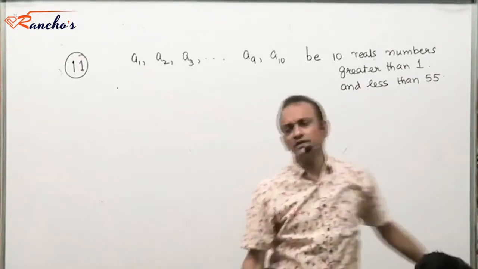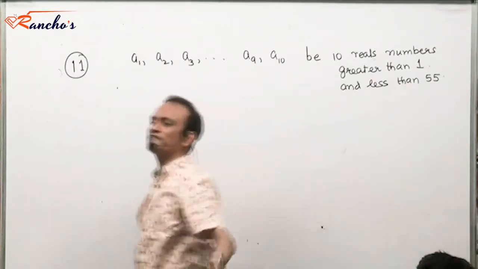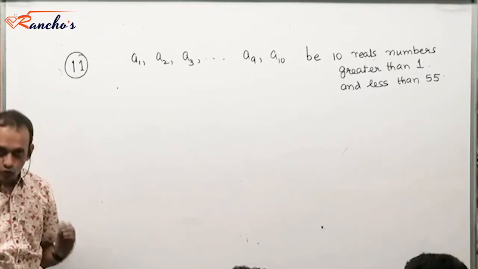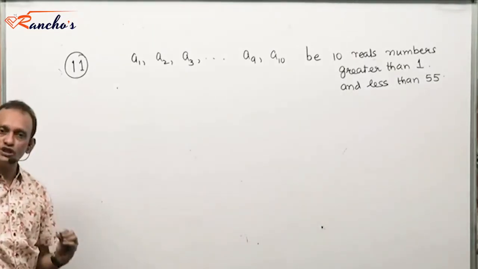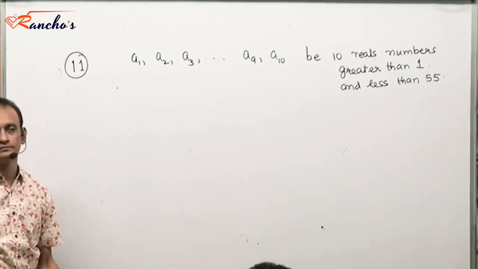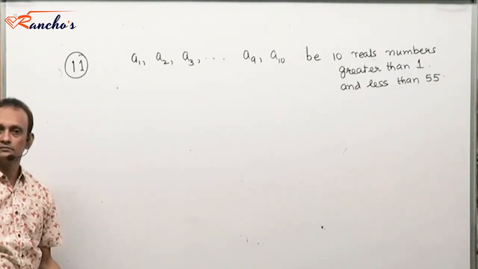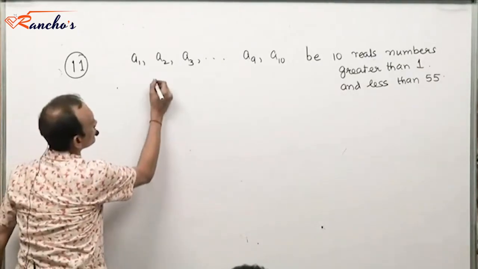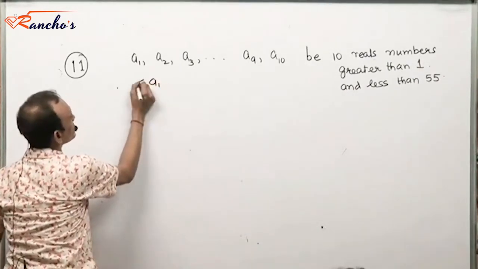Let us assume that no 3 consecutive numbers here can create the sides of a triangle and see if we arrive at a contradiction. You know what we assume? No 3 numbers will constitute the sides of a triangle here. Now, very clearly A1 is greater than 1.